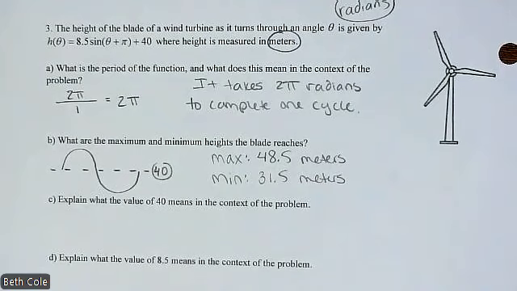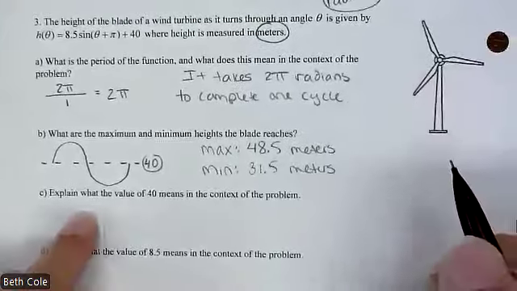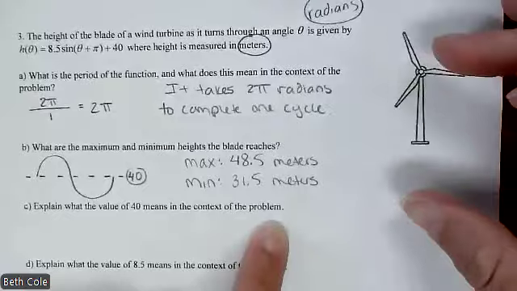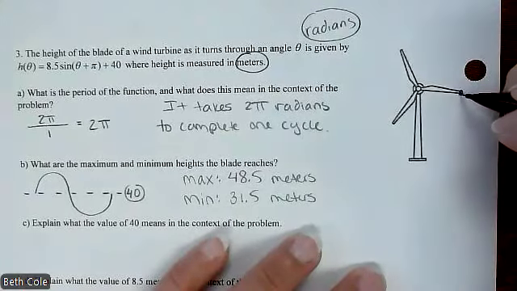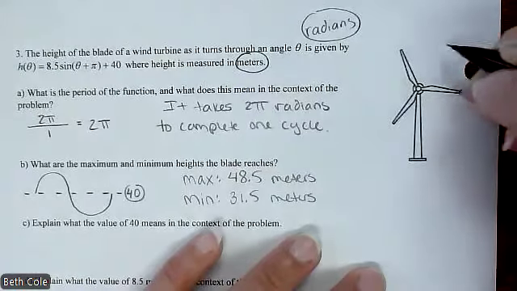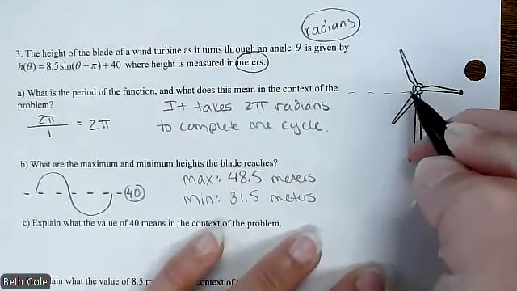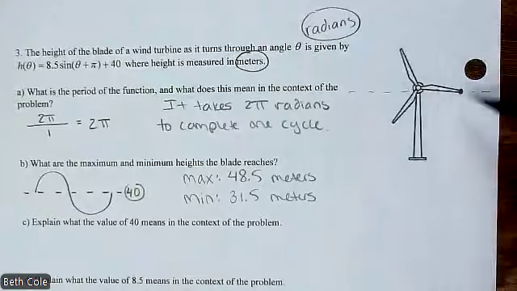Now, I think this part's actually cool. You have to use your imagination as this is spinning around. Explain what the value 40 means in the context of the problem. So what we're talking about is this edge of the turbine going around and around. If it's at the center line being 40, 40 represents what part of this object?